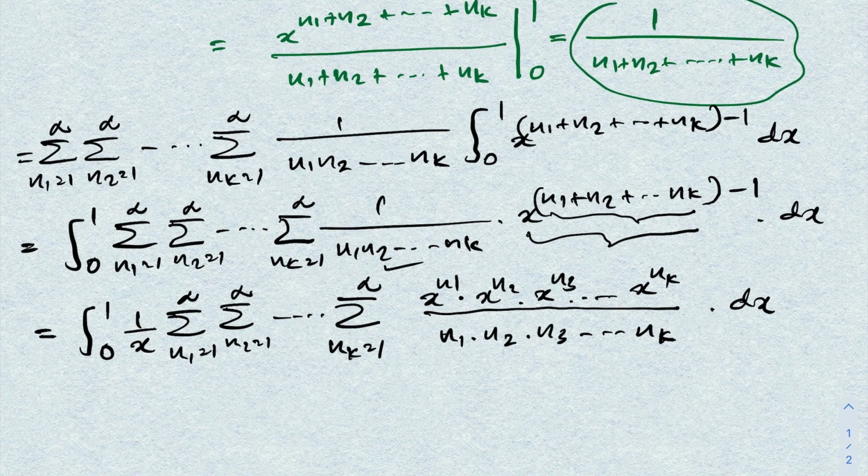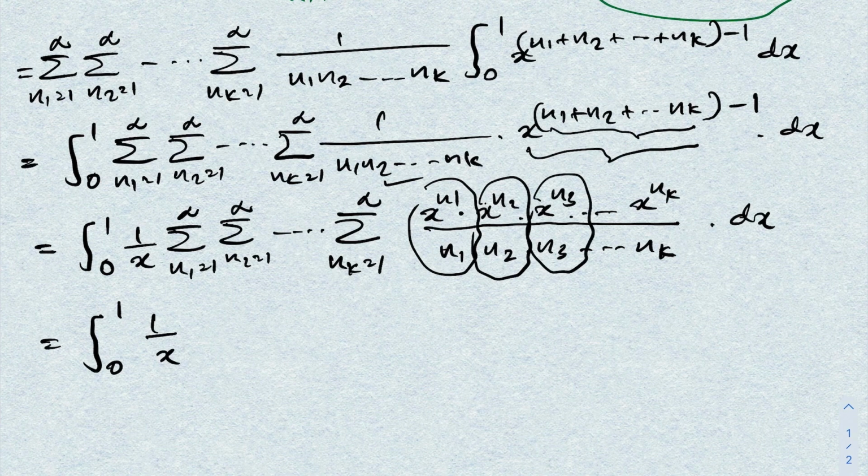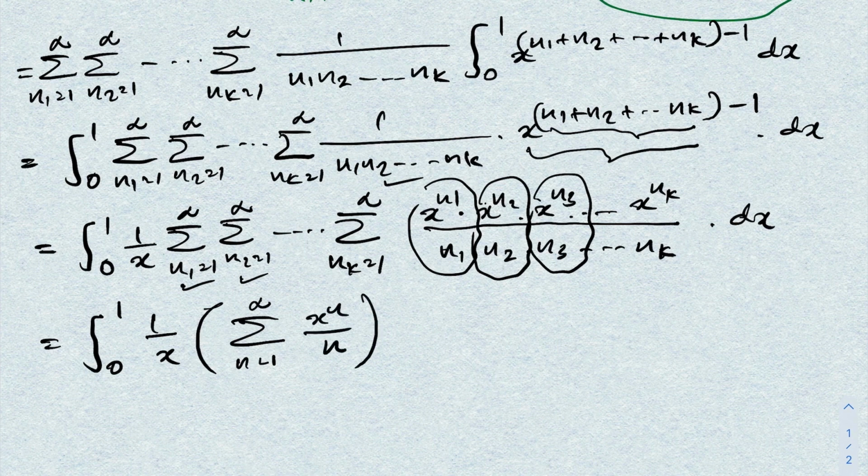Okay, then let us simplify. So integral from 0 to 1 of 1 over x. Now here x to the n1 over n1, x to the n2 over n2, x to the n3 over n3, and so on. So we can write the sum of n equals 1 to infinity, x to the n over n. Now we have the sigma notation series k times, so here k power, dx.